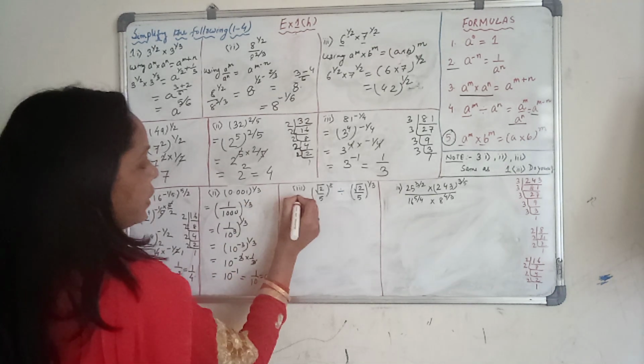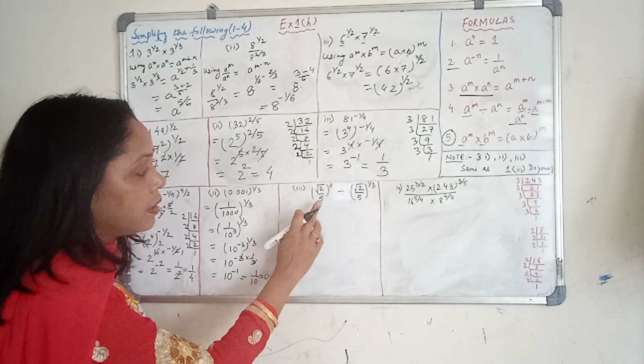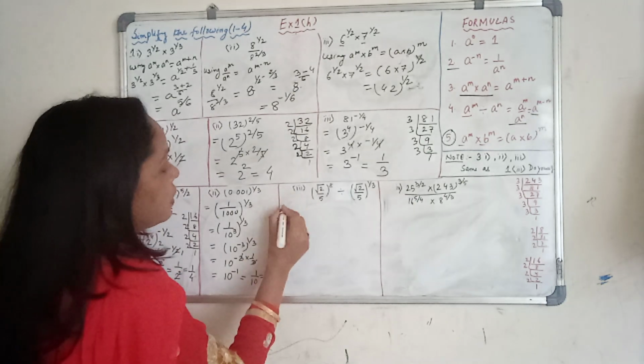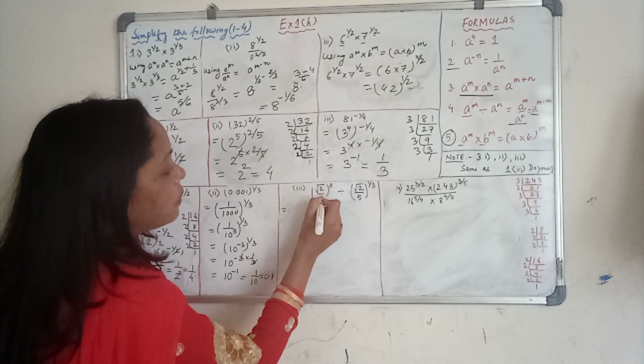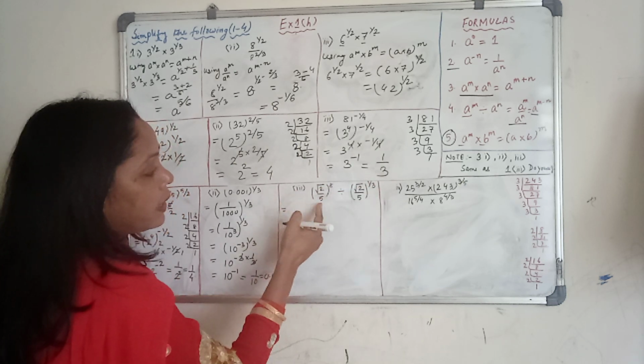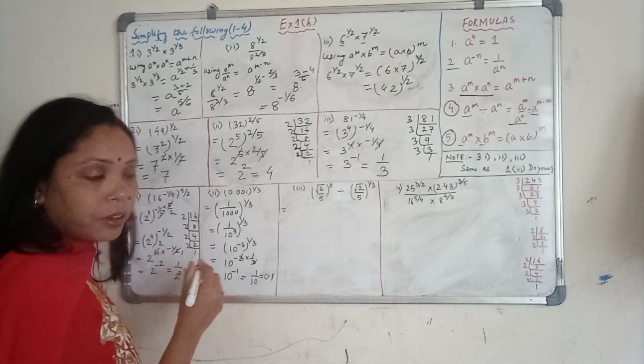Now question number 3. In some books this question is given wrongly, so please correct it from here. So this is root 2 by 5 power 8, root 2 by 5 power 1 by 3. So here the base is the same, so we have to use formula number 4.